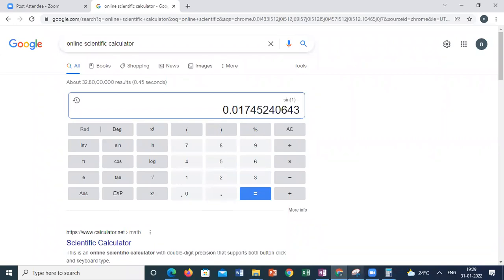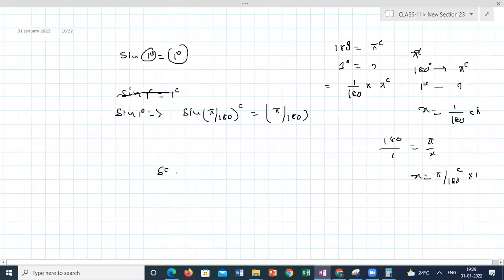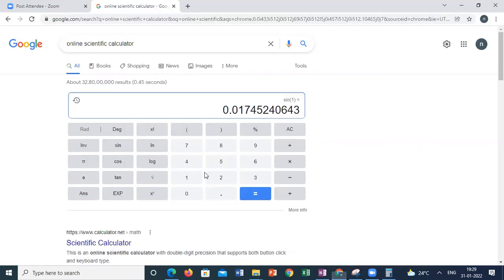So the value of sine 1 degree is 0.01745.